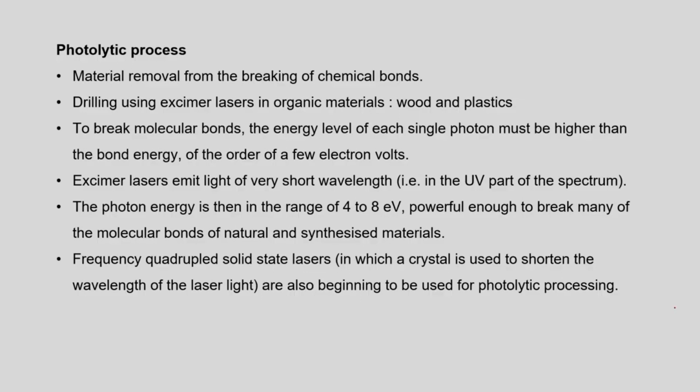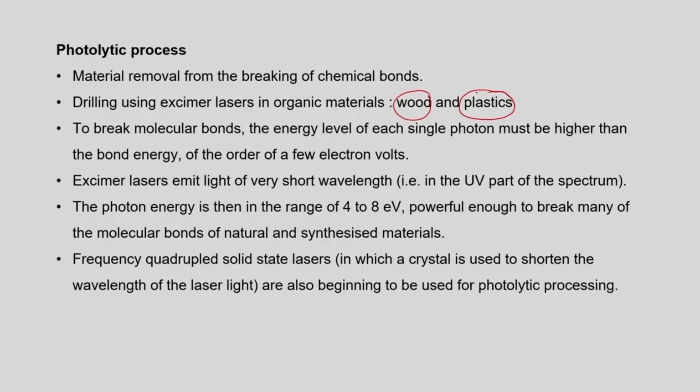The next process that we call is the photolytic process. Here there is no heating of the substrate material; there is a breaking of chemical bonds. In general, wood, plastic or polycarbonates, when we process them using lasers, are processed by this photolytic version of laser interaction.